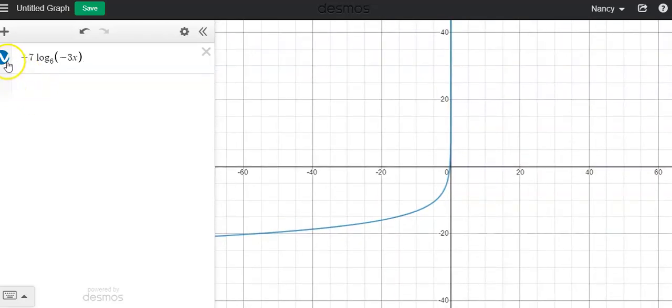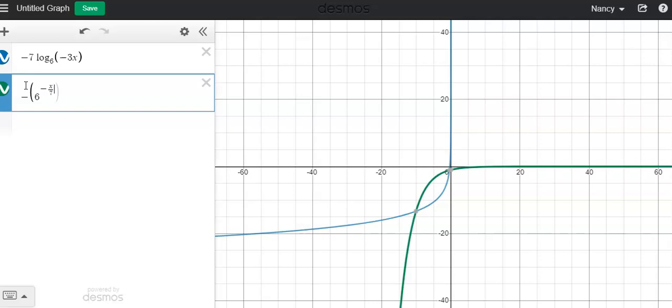I also will show you what we got for the inverse of that one. So I'm going to hit negative, and then I'm going to start with parentheses. It's going to be 6 to the negative x over 7. So x divided by 7.